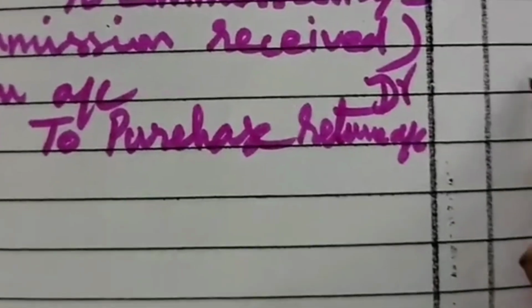So Raju account is a personal account. We are debiting because he is the receiver. Purchase return account is a real account. Goods are going out, so we are crediting. Okay, what's the amount? 4,000, under the debit as well as under the credit.